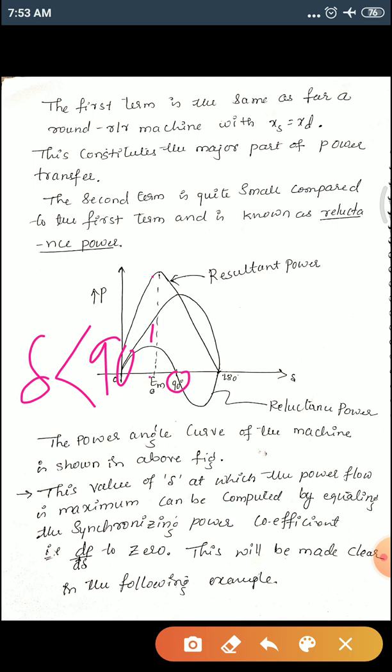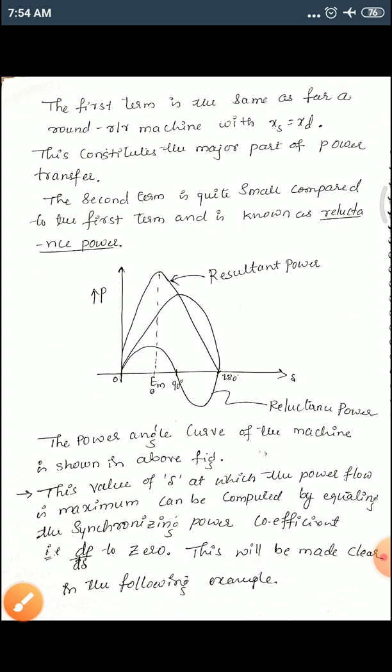This can be calculated; it is around 65 to 70 degrees. Only there do you get the maximum power. You can compute it by equating the synchronizing power coefficient to zero, that is dP by d delta equal to 0. If you do this we'll get to know. We'll see this in detail in the next example. Okay, so thank you.